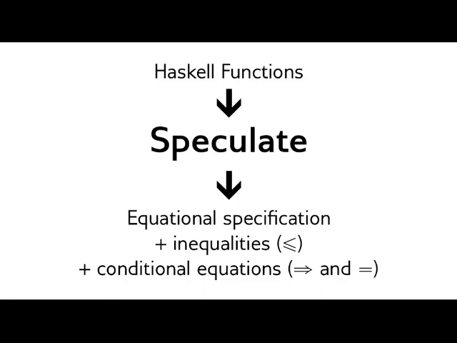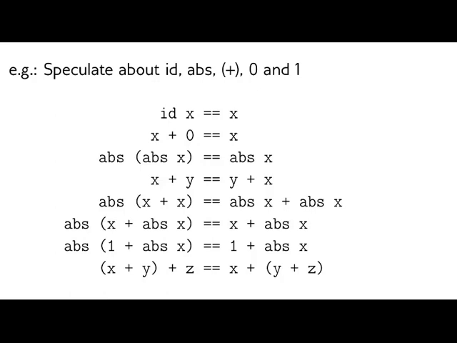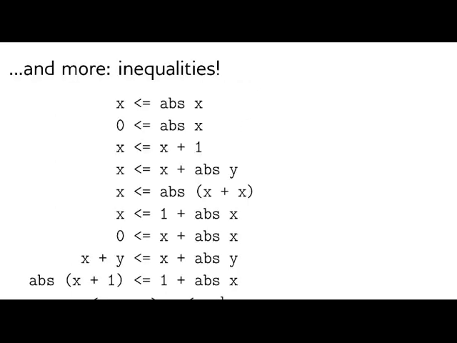But let's go to an example of Speculate so you can see what it can do. If you give it ID, abs, plus, 0 and 1, you get equations like you would get with ItsBack. But in addition to that, you get inequalities, like x is less than or equal to abs of x, abs of x is non-negative, plus 1 is monotonically increasing, and so on.